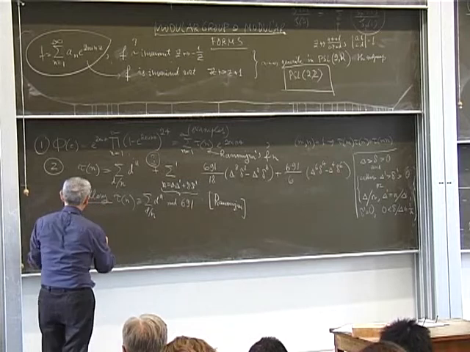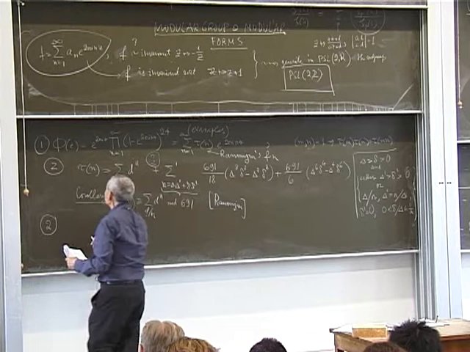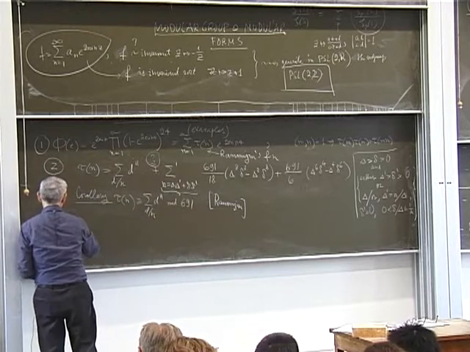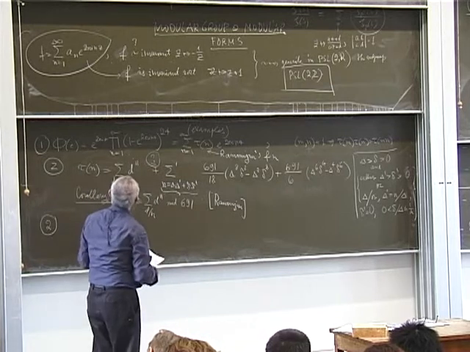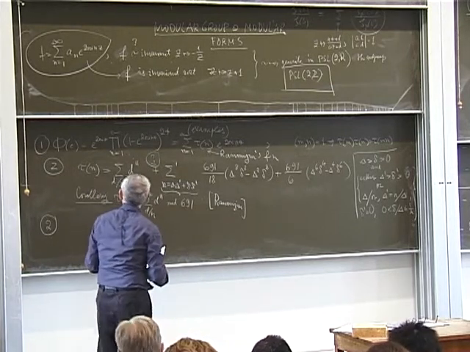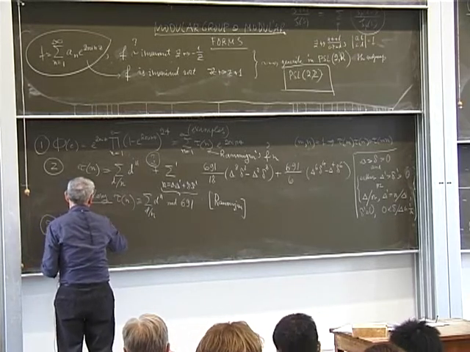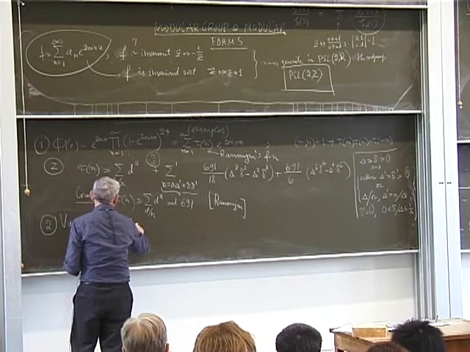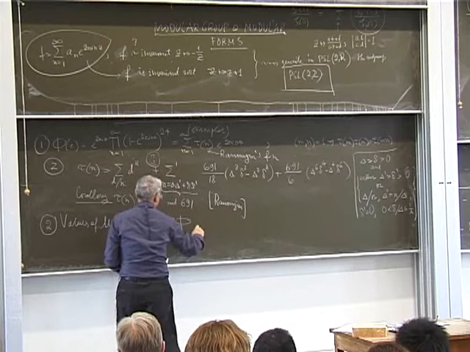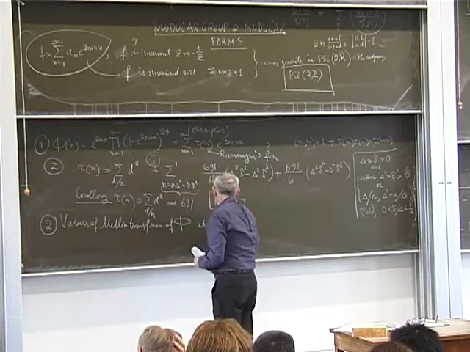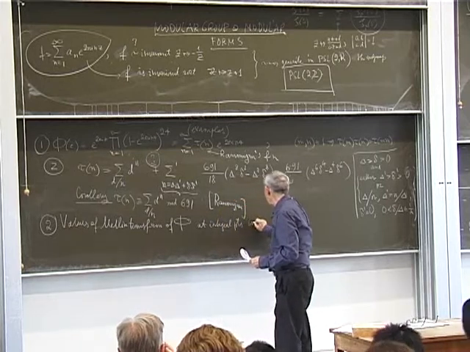The second is this. It's now not for coefficients, but for values of the Manin transform of phi at integral points, but not all integral points, only those which are in the critical strip.